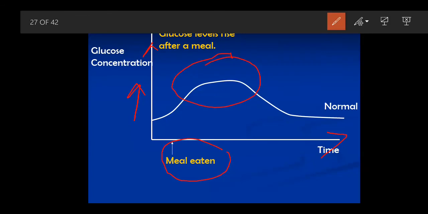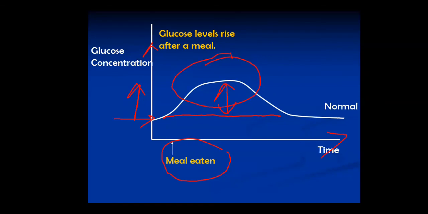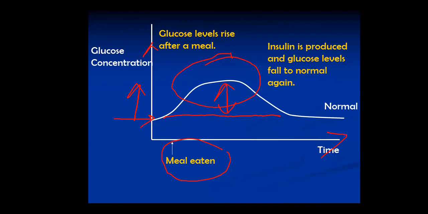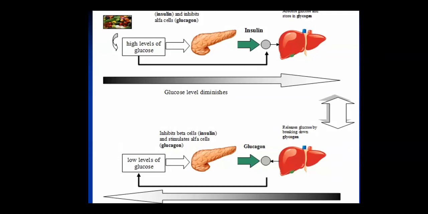And we can also see that the normal set point is here, because we can establish that the glucose increased and after a certain time it was brought back to normal. So all this is in excess. So we would ask ourselves, how does it work?